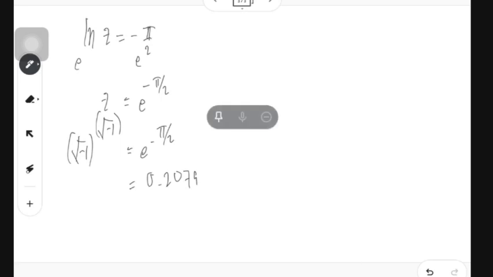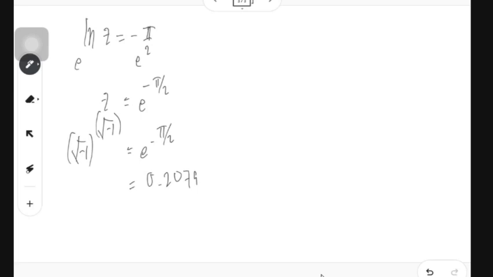Yes po, sir. Pero minsan ang ibibigay sa choices yung e to the negative pi over 2. So hindi math error, there's a value which cannot be calculated using calculator directly. And this is the procedure. Pero merong shortcut diyan.